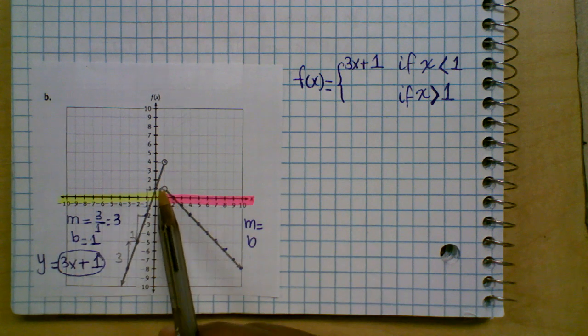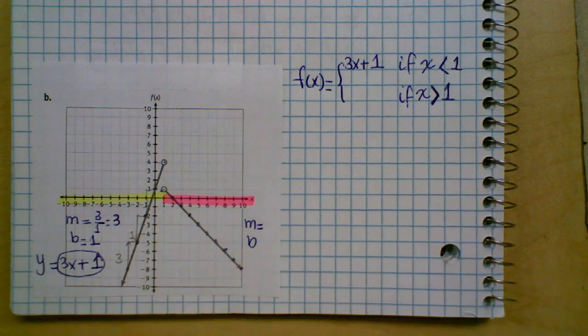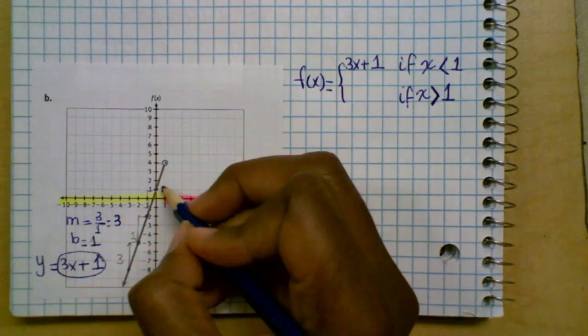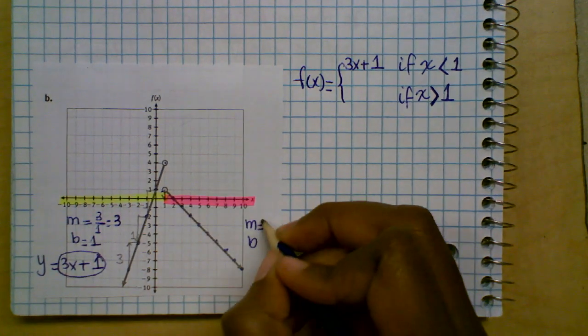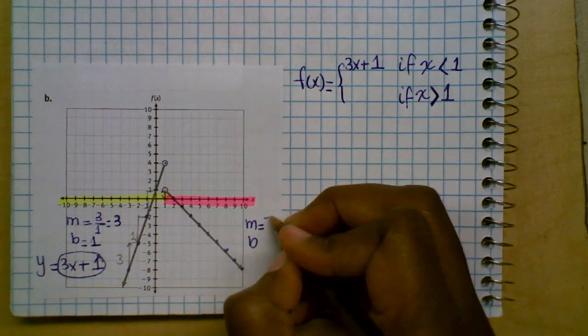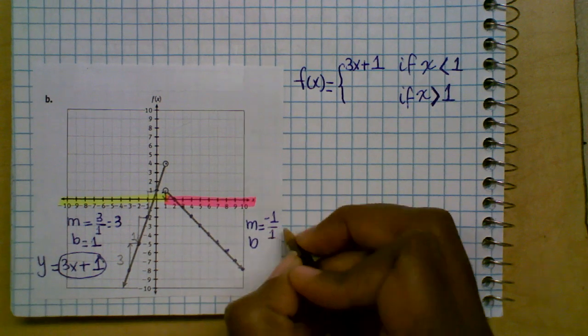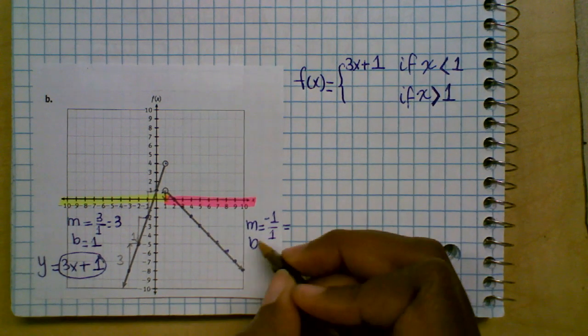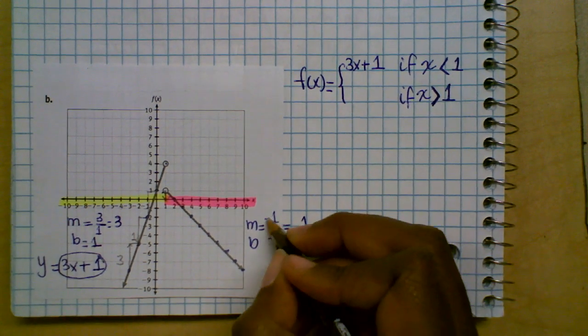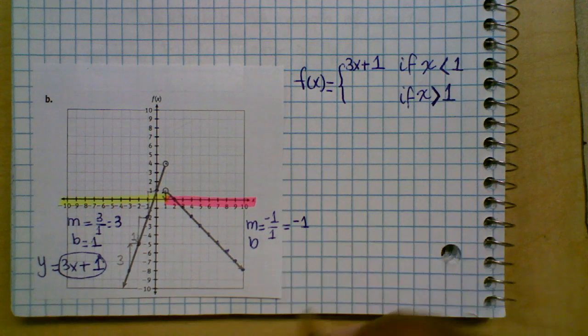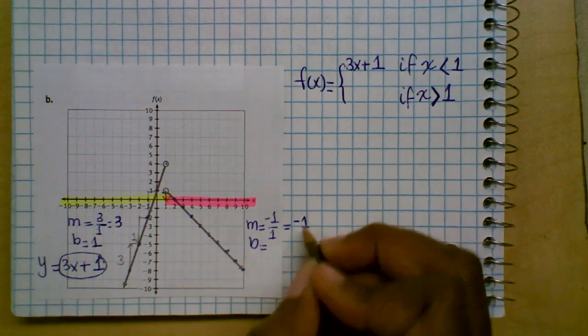If I start from here, what is going to be the rise? We are going down 1 unit, so the rise is -1, and then you're moving to the right 1. So it's -1 over 1. 1 goes into 1 once, and a negative divided by a positive is a negative. So m is -1.